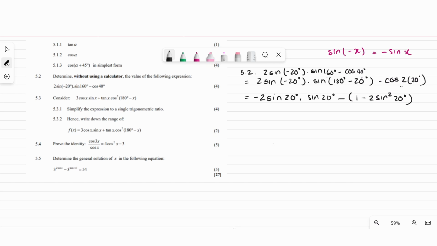Simplifying this front part, because it's sine 20 and sine 20, both of them, it's going to be sine squared 20. And now distributing the negative, it's going to be negative 1 plus, because a negative and a negative gives you a positive, plus 2 sine squared 20 degrees. The negative 2 sine squared 20 and this one are going to cancel each other because it's going to give us 0, making our final answer equal to negative 1.